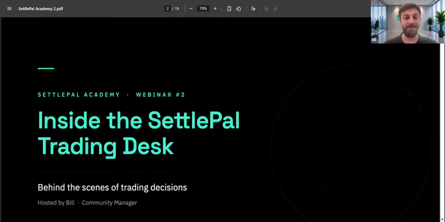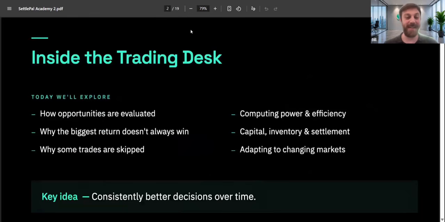And moving on to slide two, over the next 20 to 30, well, maybe more like 30 to 35 minutes, we're going to explore how opportunities are evaluated, why the biggest return doesn't always win, why some profitable opportunities are intentionally skipped, why computing power and efficiency matter, what happens to capital after a trade is completed, how inventory and settlement affect future opportunities, and what happens when market conditions suddenly change, as they often do.